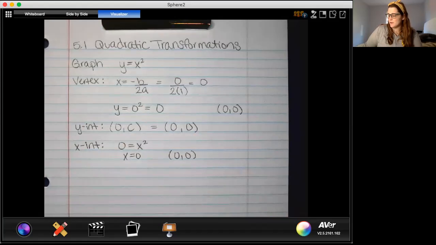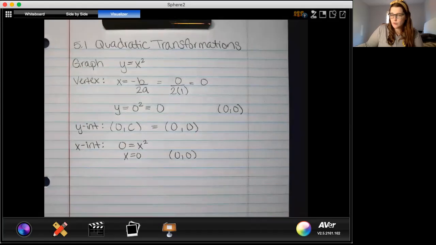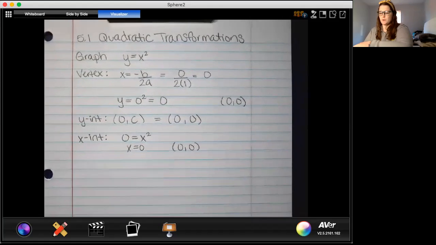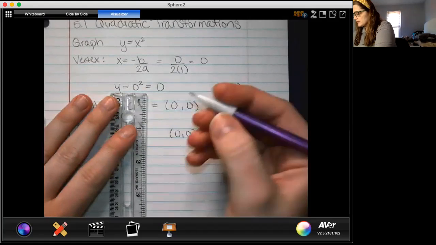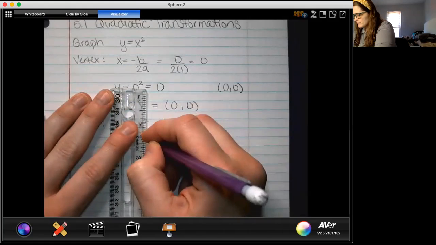Okay. Now, we are going to do real graphs in this unit, but for this first one, I'm just going to draw a makeshift graph here so we can get a visual.